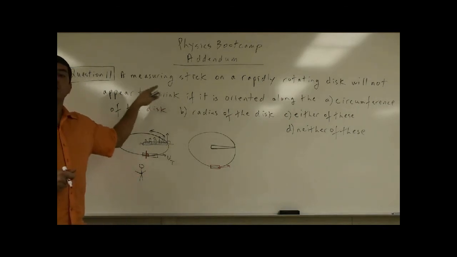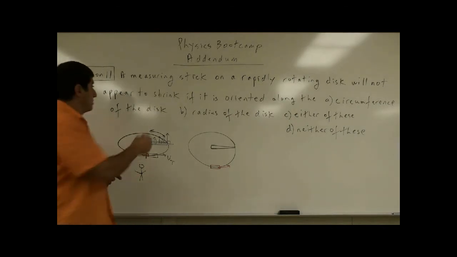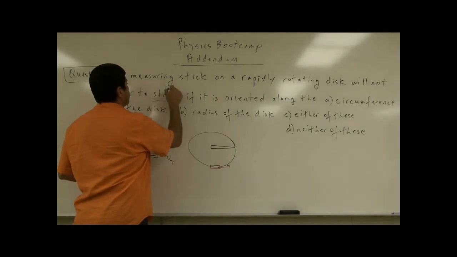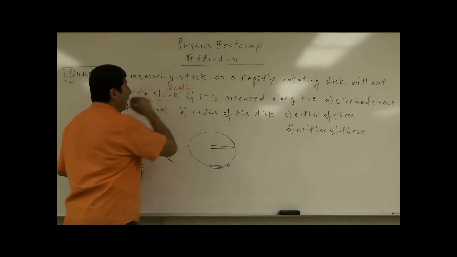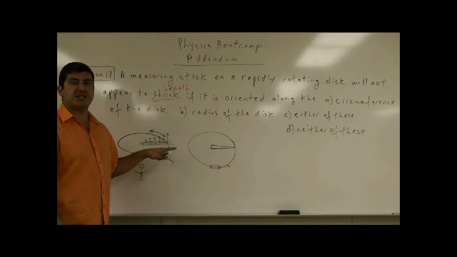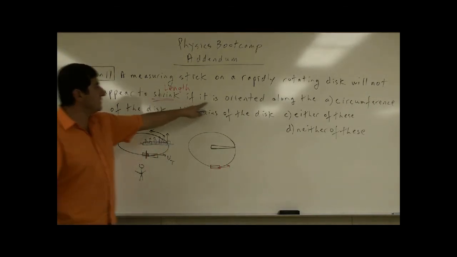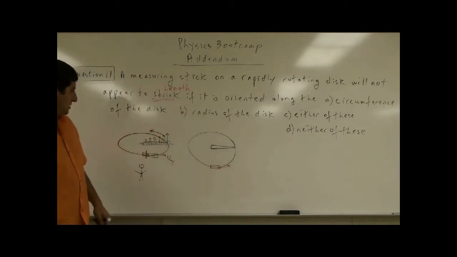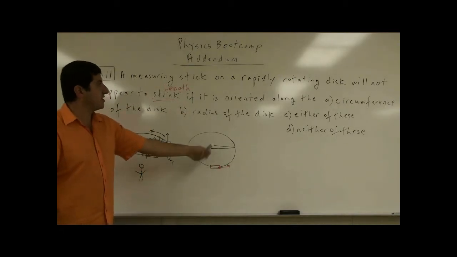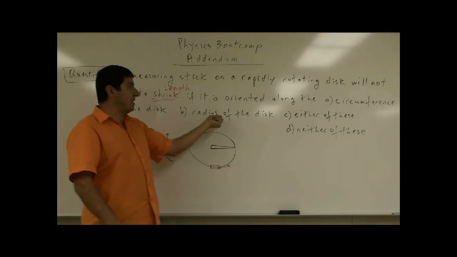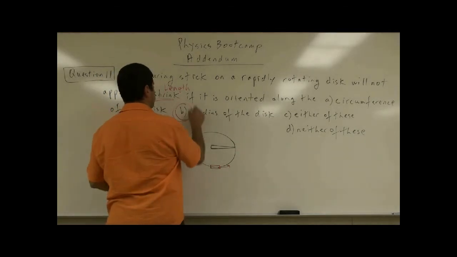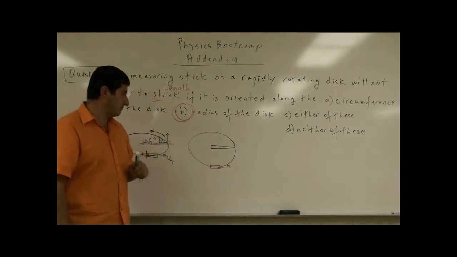The shrink is talking about the length. So in which case is the length not affected? It will not appear to shrink if it is oriented along the radius of the disc, B. So the choice is B.